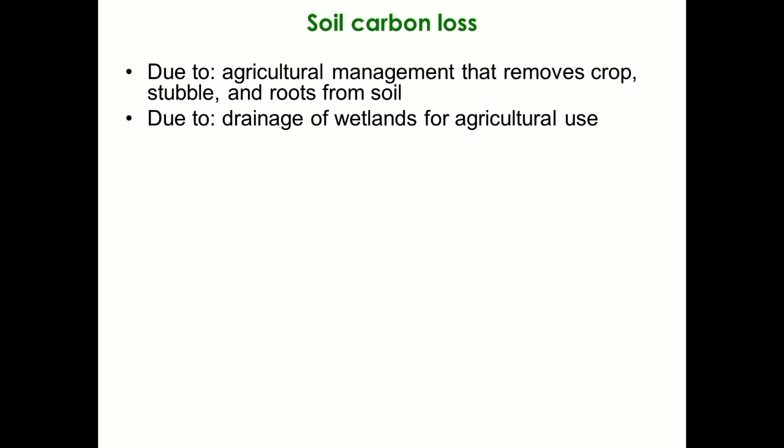So as this plant matter is removed, if a farmer wants to completely clear out any plant residue from his field, say at the end of the harvest, if he completely removes the crop and the stubble or the roots, that's also removing a lot of carbon from that soil. And if this continues year after year, carbon will be continuously lost. Drainage of wetlands, which I talked about on Tuesday, also leads to quite substantial carbon loss from soils.